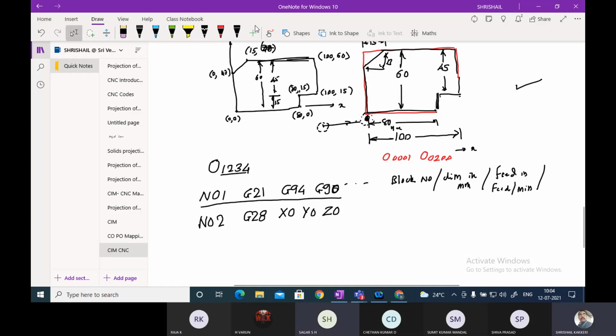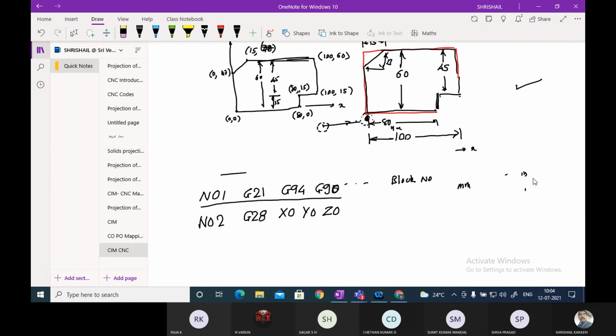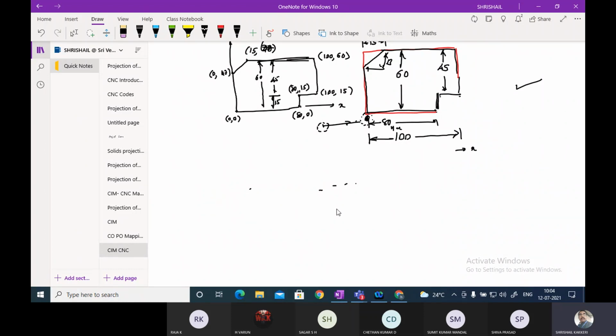Yes, sir. Yeah. And now once again I'll erase this and write. This particular block you understood, then I'll write neatly. Now, program number.